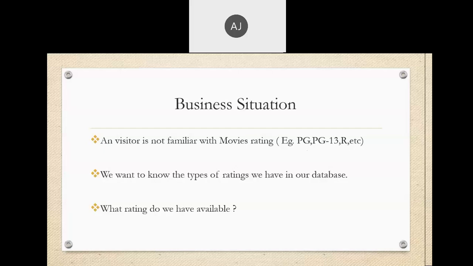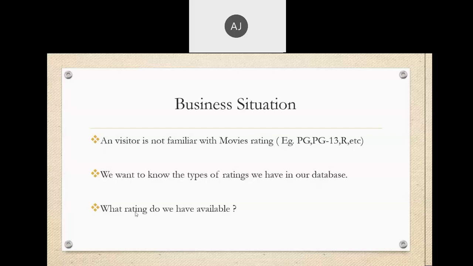Now what should we do? He is a customer, a visitor, and he doesn't have knowledge of ratings. So for that reason, we need to find the ratings as unique. We want to know what types of ratings we have in our database. Ratings would be available in the films table.